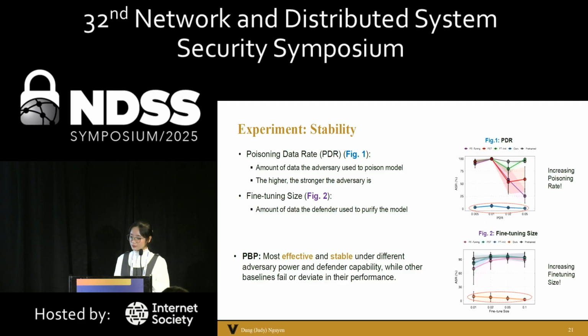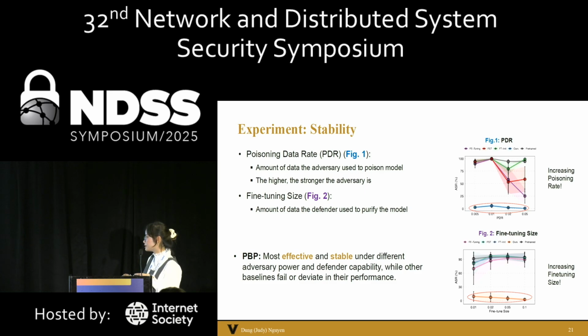And moreover, we also studied our method's stability under different settings for both the adversary side and the defender side. So we changed the poisoning data rate, corresponding to how much data the adversary can control, and we also changed the fine-tuning size, how much clean data the defender can collect to fine-tune the model.